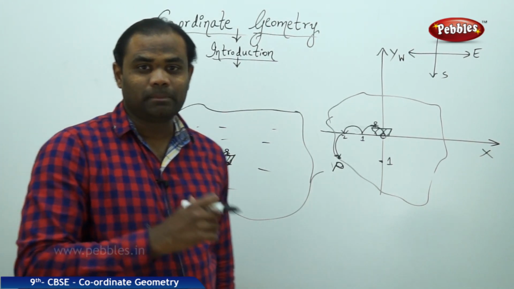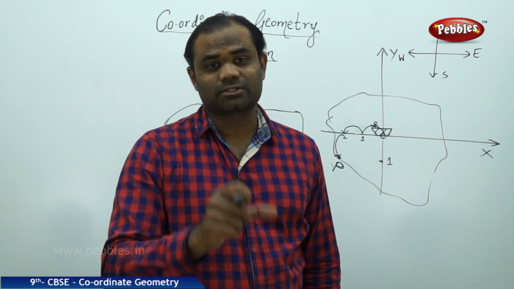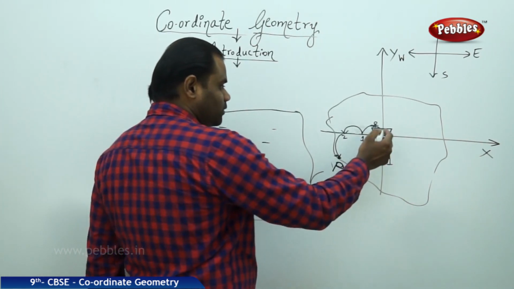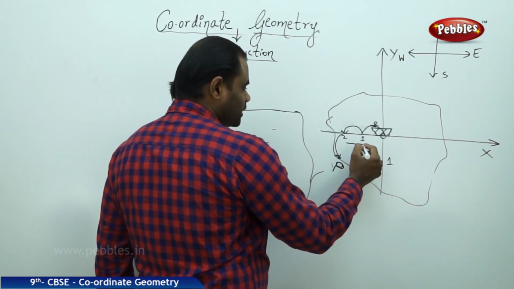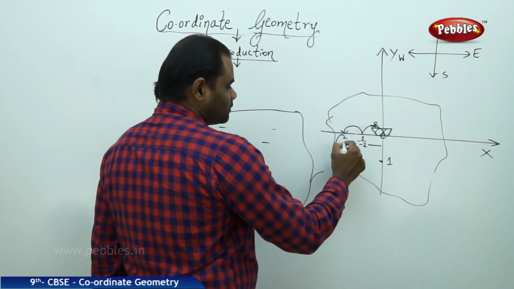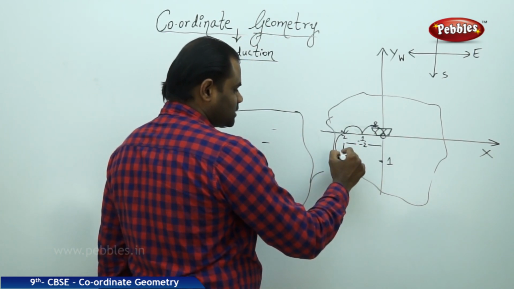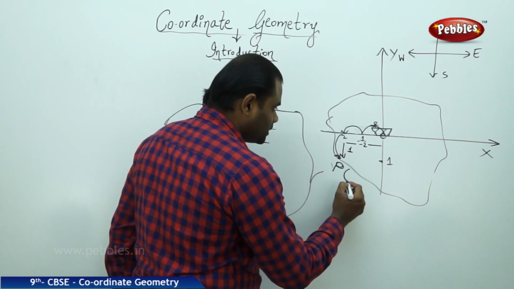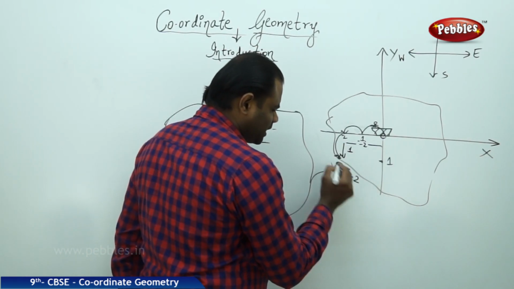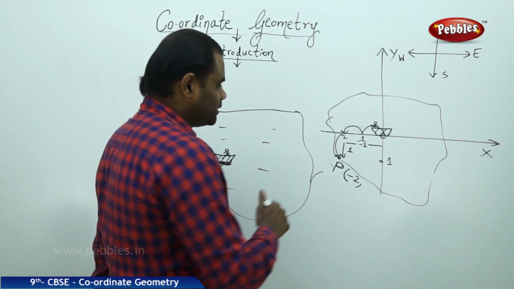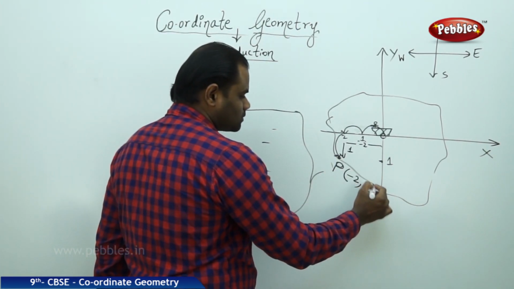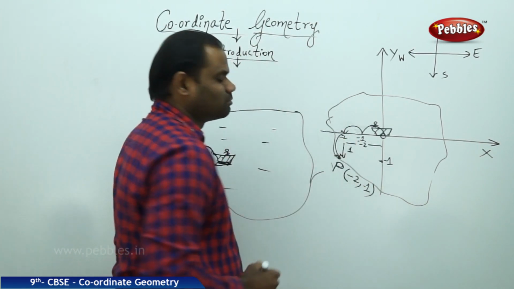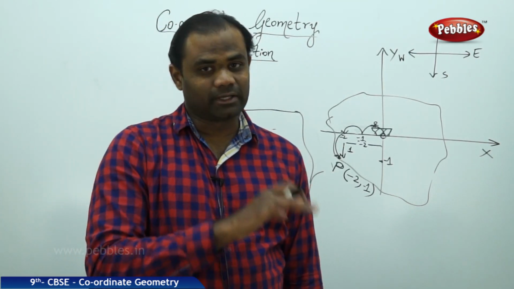So how do we define P in the graph is the biggest question which connects coordinate geometry with a real life situation like this. So when I see the ship moving 2 units left, I see that he is moving negative 2 units to the left, and then when the ship moves 1 unit to the south, I see that the ship moves 1 unit towards P. So I locate this point P with x moving minus 2 units, that is to the left, and then the point P which moves 1 unit down, and therefore this would be -1 and this would be -2, because the negative values come on the negative side of the x-axis.